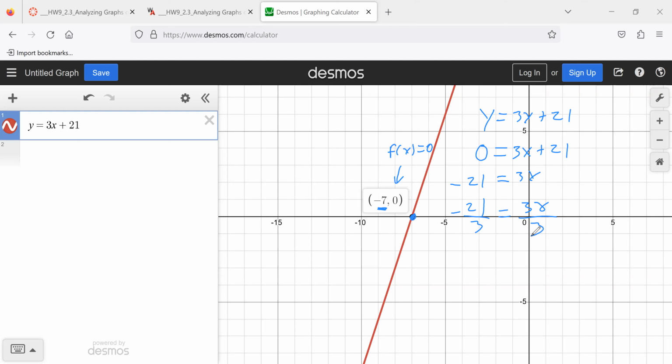So this is -7. That makes sense, like conceptually what it means by zeros?